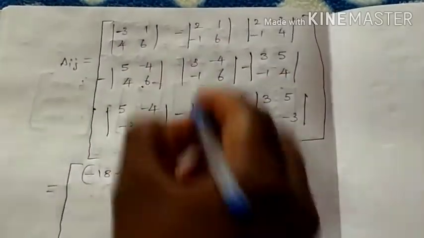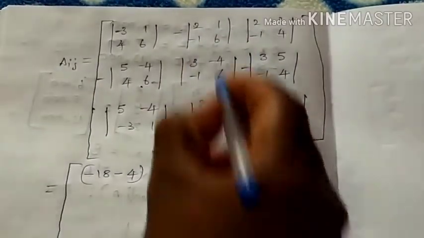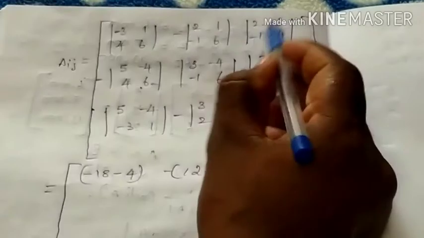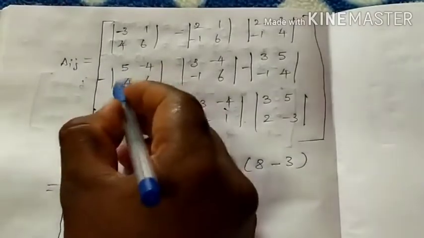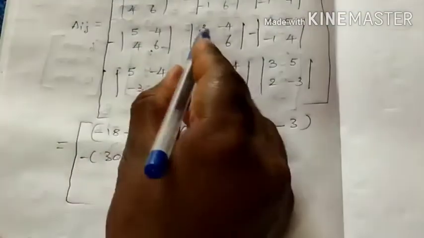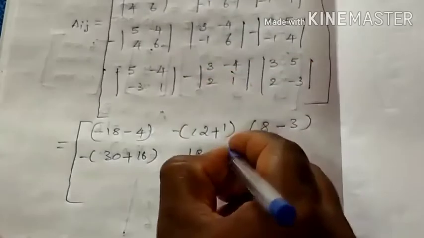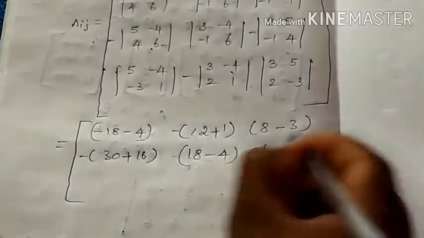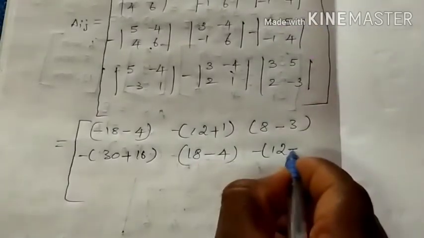This position is minus, (2 × 6 = 12) minus (-1 × 1), here also minus, so plus 1.